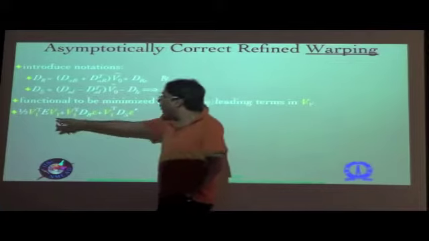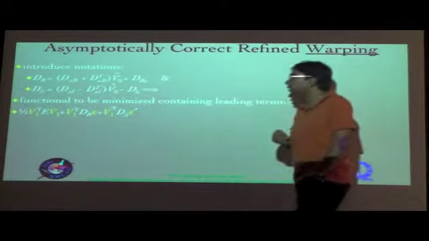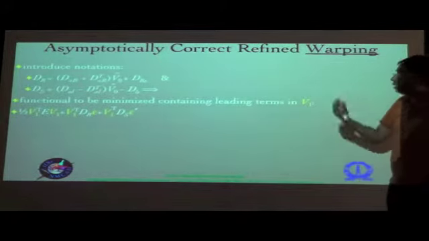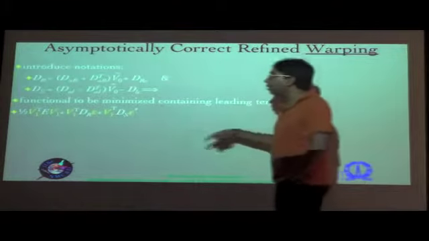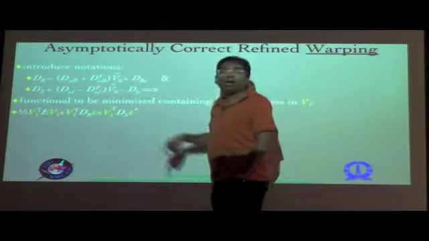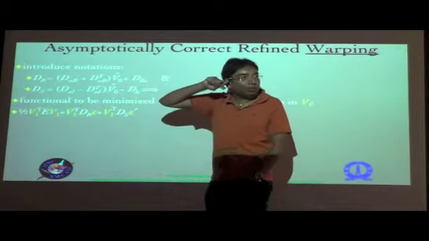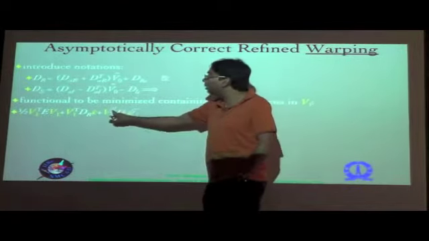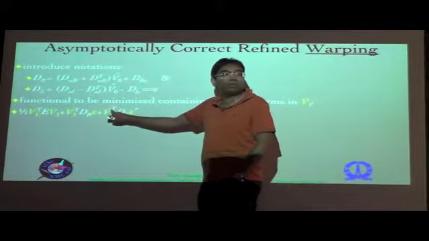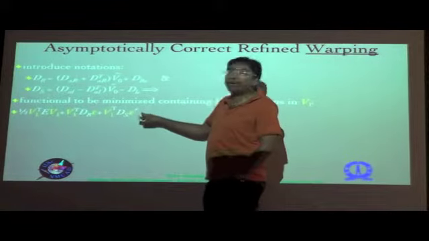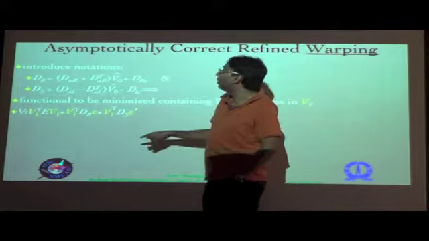Now this is what that functional is. It looks very similar to what we had in the 0th order, except that now we have some terms which have a prime. The reason is the integration by parts that we did in the previous slide, where we transferred the derivative with respect to x1 which was on V1 to the rest of the terms, and therefore we got the prime over here.